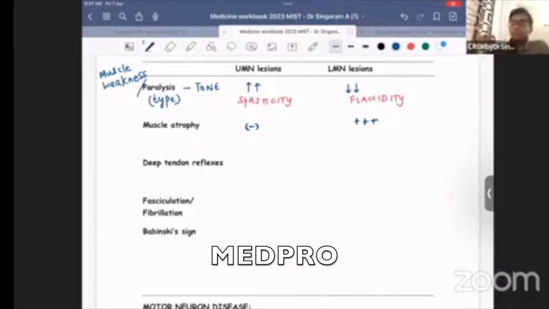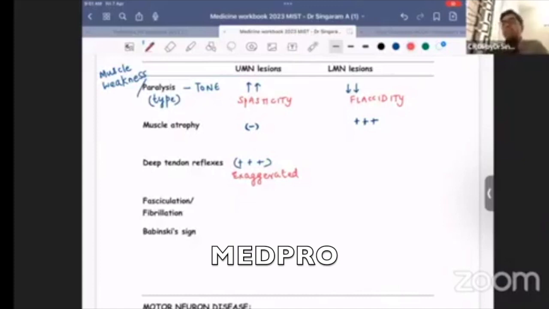So the lower motor neuron will keep on exciting the muscles and the reflex arc, and that will result in exaggerated reflexes. I'm going to put 3 plus, which means an exaggerated reflex. Exaggerated refers to the absence of inhibitory control of the UMN over the LMN on deep tendon reflexes.